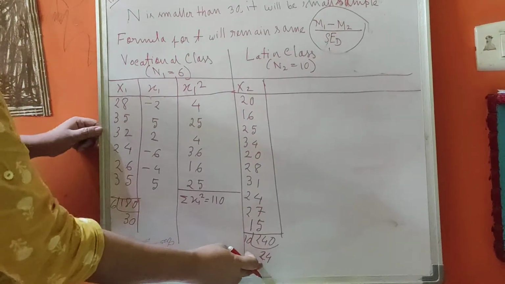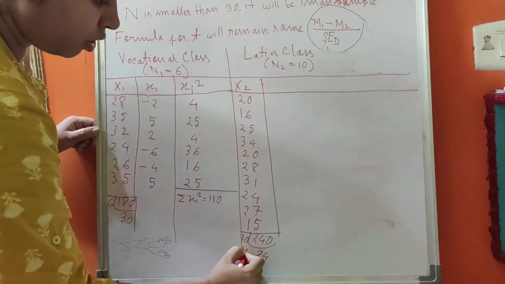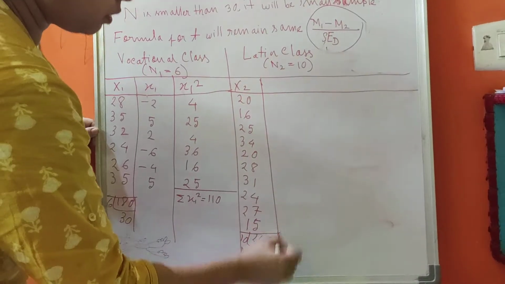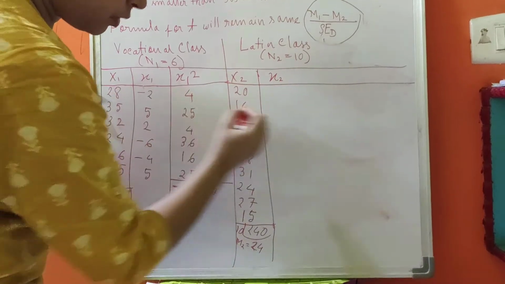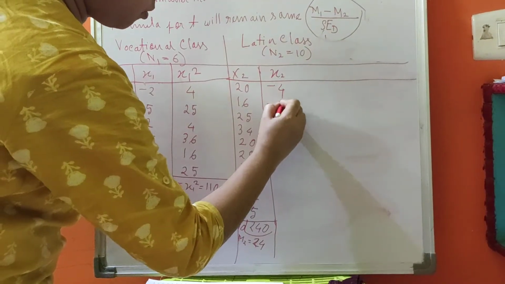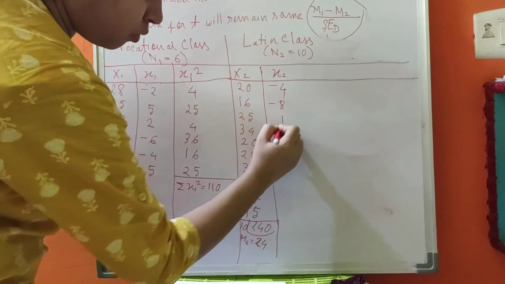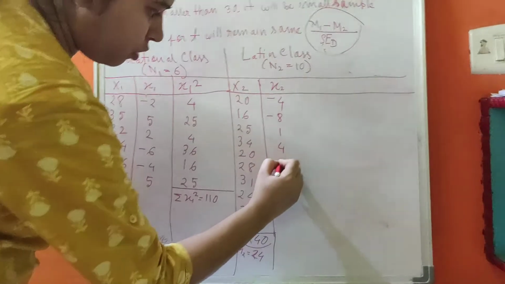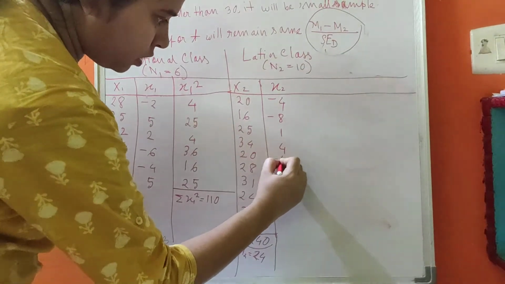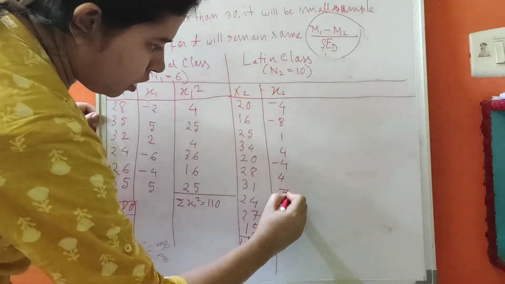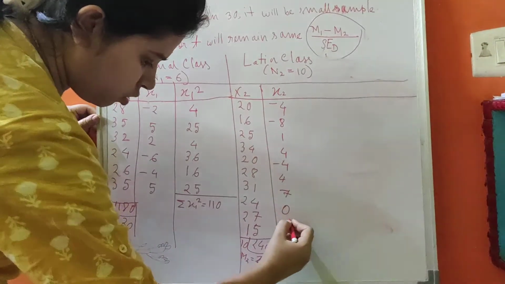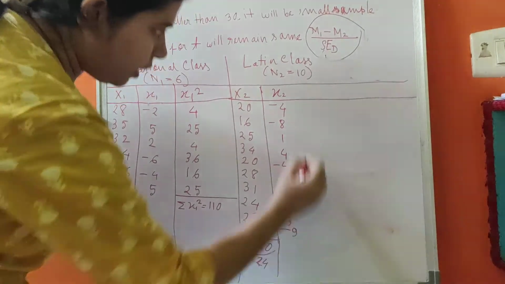Similarly for the second group, mean 2 is 24, so we find the deviations: minus 4, minus 8, 1, 4, minus 4, plus 4, 7, 0, 3 and minus 9.